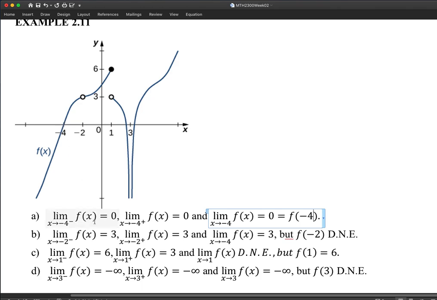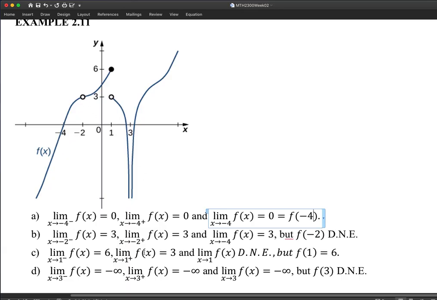Okay, part A. Part B, we are looking at the behavior of the function at x equals -2. First, it should be clear, because of the empty circle, I don't see any solid dots around here. So at x equals -2, the function value f(-2) is not defined. Speaking of the limit, from the left it is pushing everything into this empty circle with y value 3.